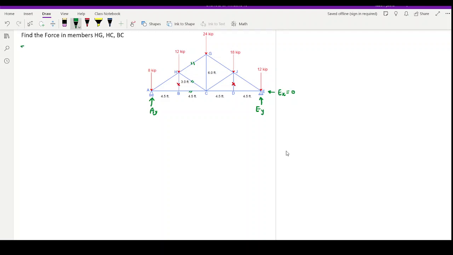Now, by taking moment about E, I can find AY. I'm assuming this is my positive direction because AY acts in that direction. I'm following AY's direction.